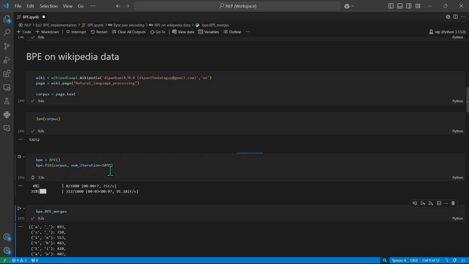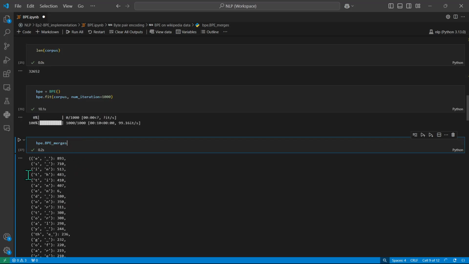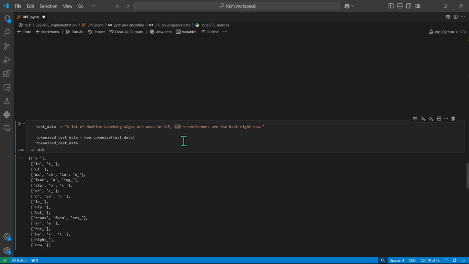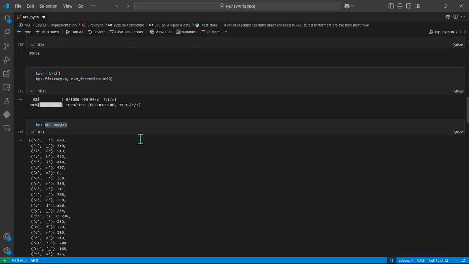As it is running, the vocabulary will be built in the backend, and it will be saved as an attribute of this BPE class. And now it is done, so we can just run bpe.bpe_merges to see what merge rules we have learned. As you can see, the frequencies start declining.